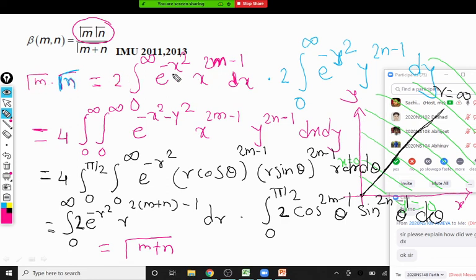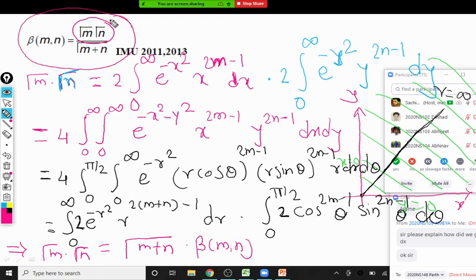Gamma m plus n. And what is this value? Trigonometric form of beta. So this gives us gamma m into gamma n is nothing but gamma m plus n into beta m, n, and that is the required answer.